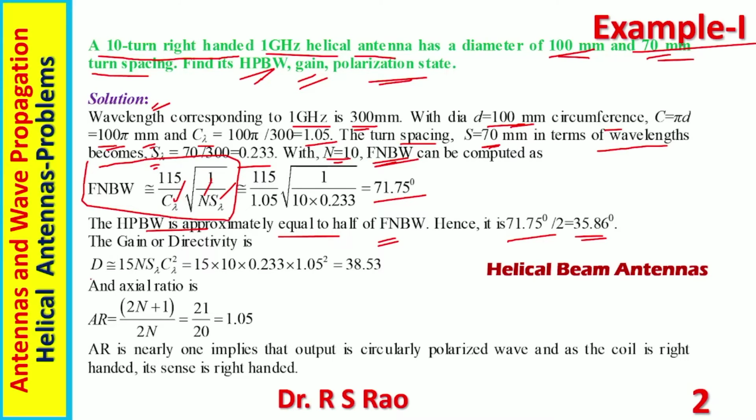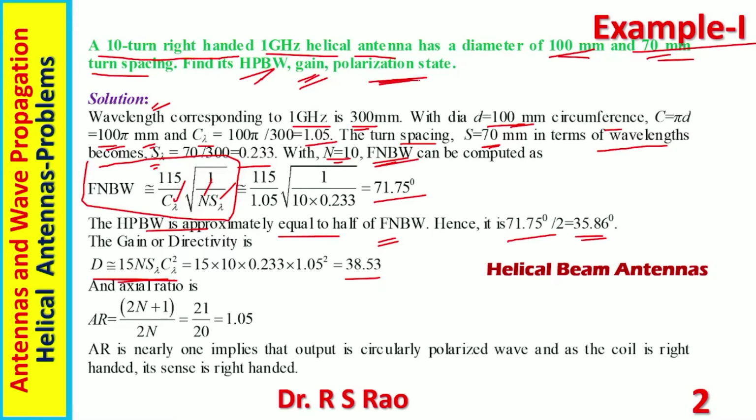So the formula for directivity is 15 N S lambda C lambda squared. Substituting the values, we get directivity as 38.53. It is also gain. Beamwidth has been computed, gain has been found.